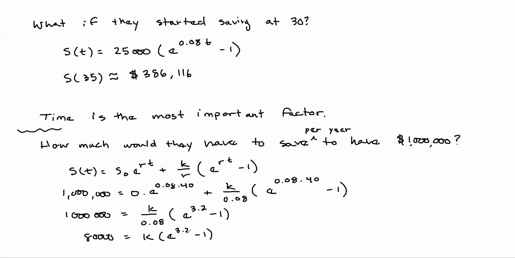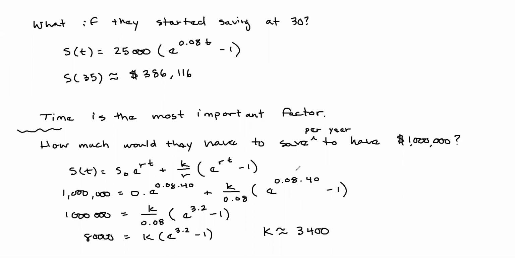And then you can calculate that with your calculator and divide it over. And what do we get? K is going to be approximately, drum roll, $3,400.